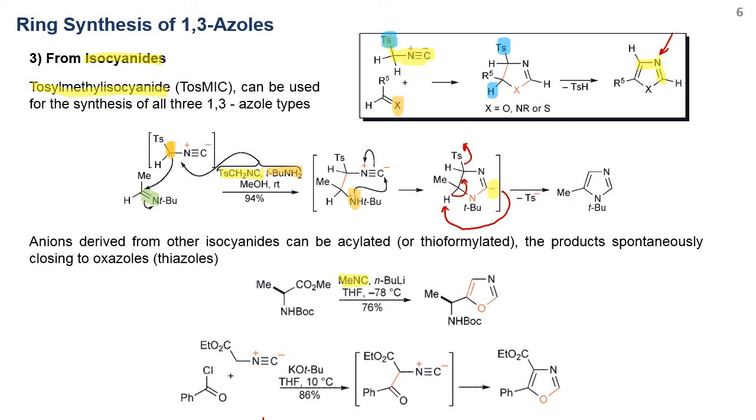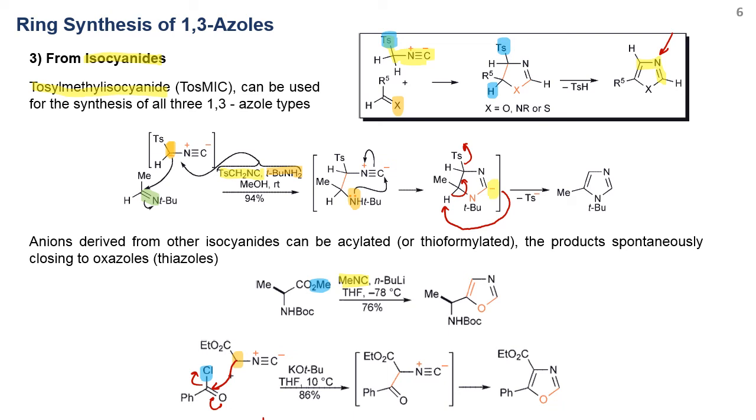In this case, the methoxy group of the ester can act as a leaving group, or in the second example, this chloride can act as a leaving group. If you look at the mechanisms, first you are going to deprotonate here to make it nucleophilic, and this is going to react and kick out the chloride.